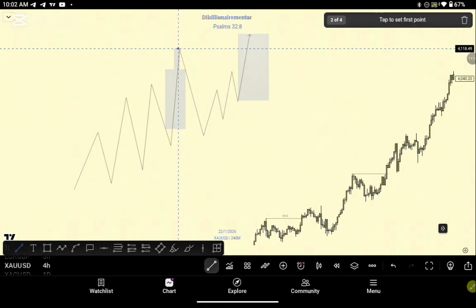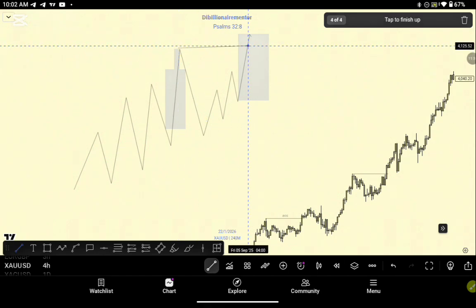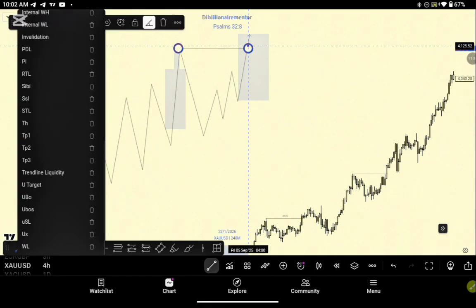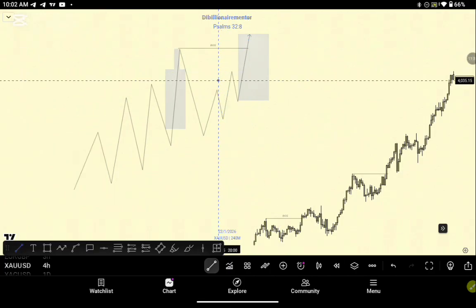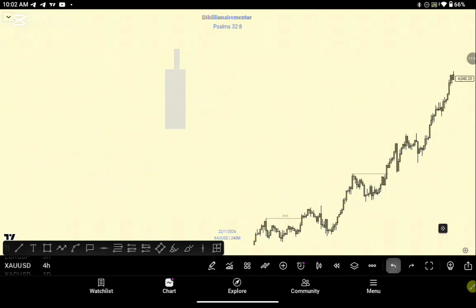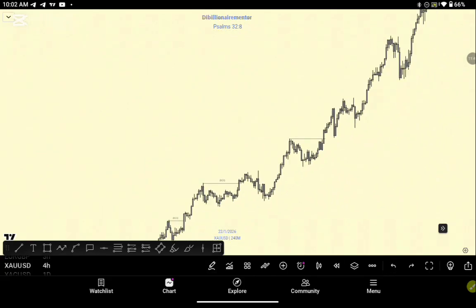That's when we can confirm that yes, we have a break of structure, meaning that price is still willing to continue to the upside of the market. So I think I've done justice to that.